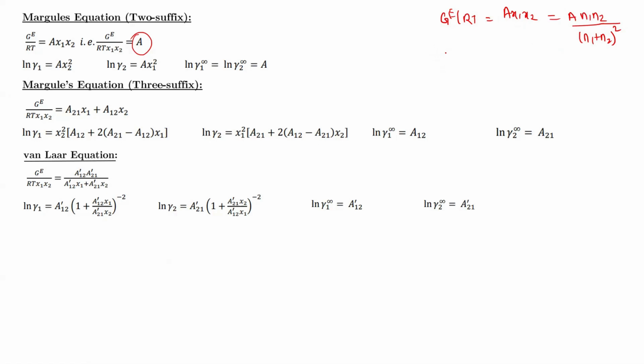Now, NG by RT, where N is equal to N1 plus N2, right? So A N1 N2 by N1 plus N2.